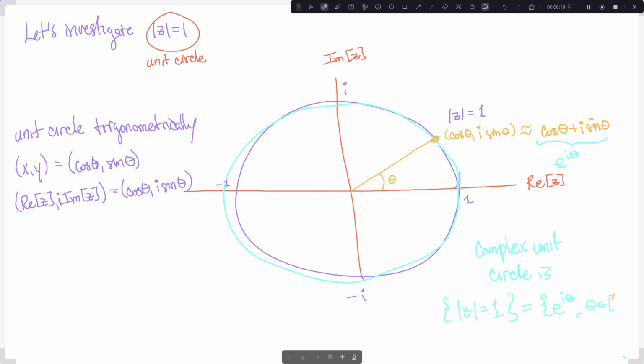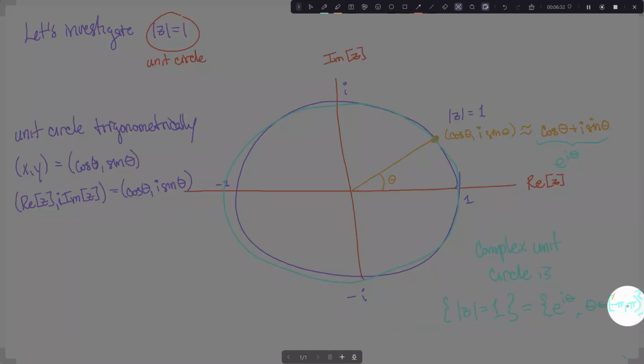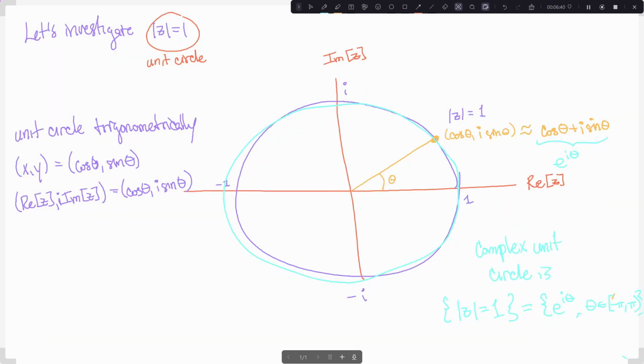Theta can stick from minus pi to positive pi. So this set e to the i theta, when theta moves from minus pi to positive pi, traces me around the complex unit circle. Okay, and I'll make sure to share a 3Blue1Brown video that helps you out with that. But this is something very important. If you take a complex analysis course, this is going to be something you rely on the whole time. But we just want to be aware of that because of where we're headed here.